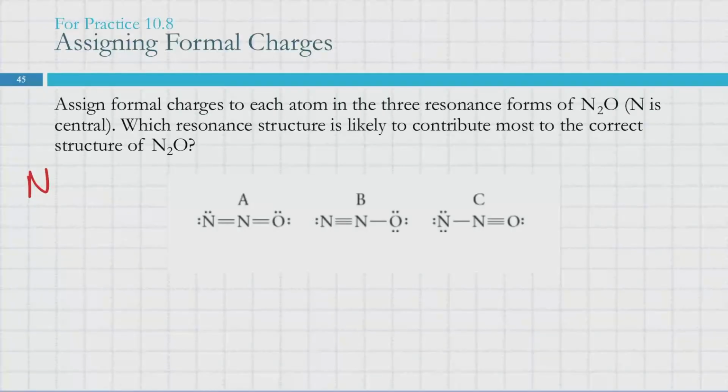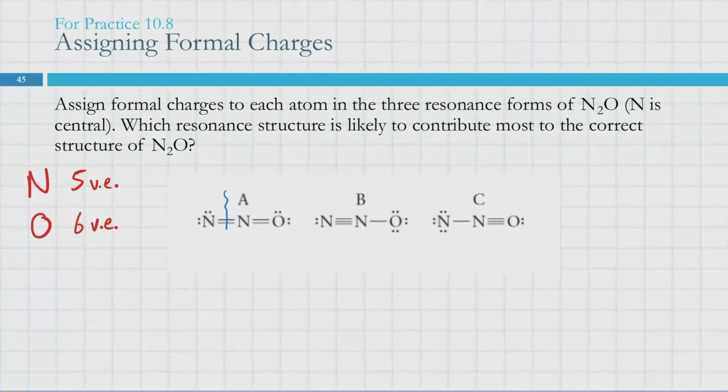How many does it have as valence electrons? 5. What about oxygen? 6. So 5 valence electrons, 6 valence electrons, because they're in group 5A and 6A, or 15 and 16. So let's look at A.